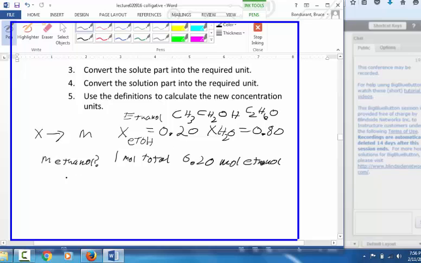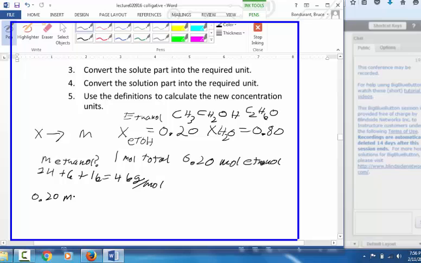So that is 24 plus 6 plus 16. So 24 plus 16 would be 40, plus 6 equals 46 grams per mole.